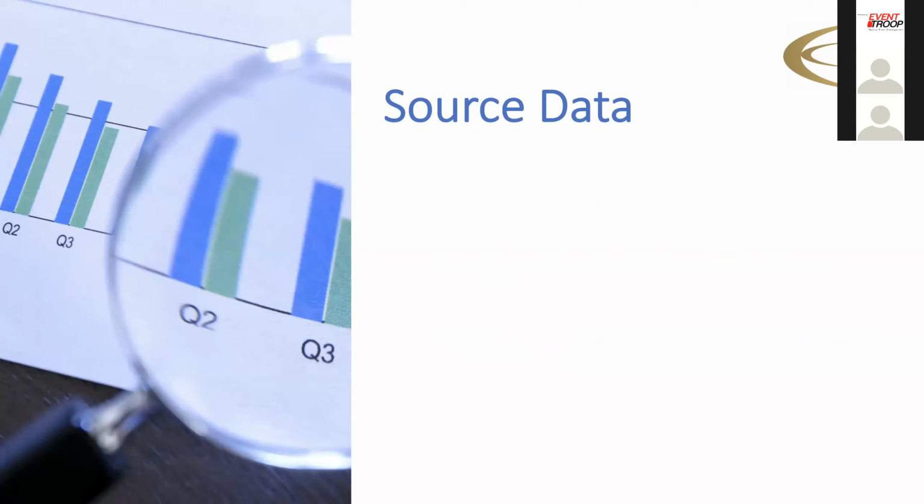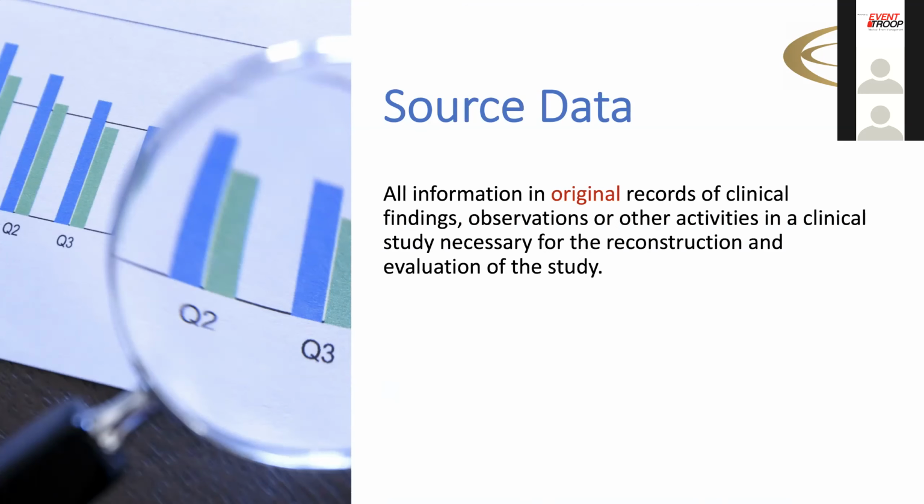So I keep on saying source data, source documents. What are they and what do they mean? Here is the definition of source data according to ICH GCP. Source data are all information in original records of clinical findings, observations, or other activities in a clinical study necessary for the reconstruction and evaluation of the study.